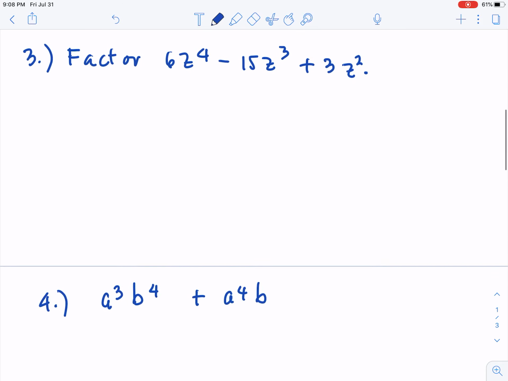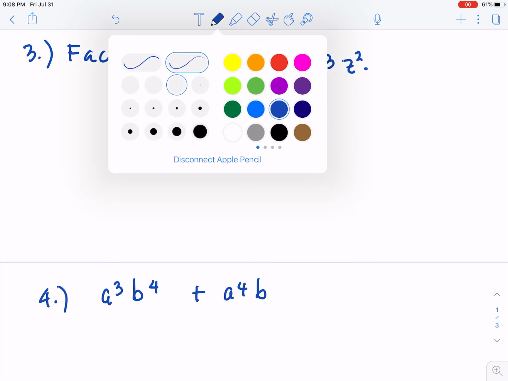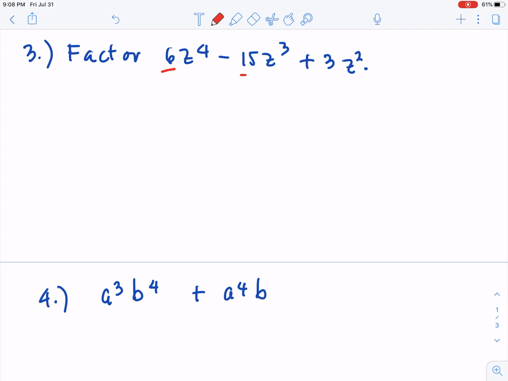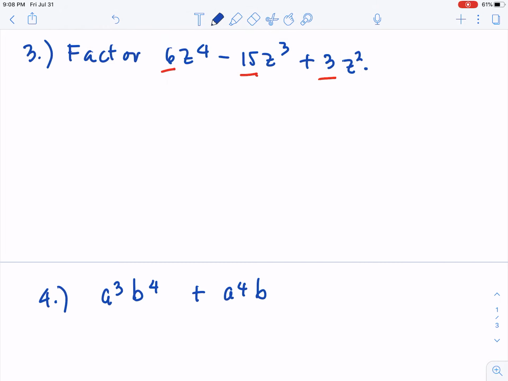Lastly, we have, or not lastly, but this is the second to the last number. Ano ang GCF ng 6, 15, tsaka 3? Obviously, 3, di ba? So, ano ang GCF ng z to the 4th, z cubed, tsaka z squared?